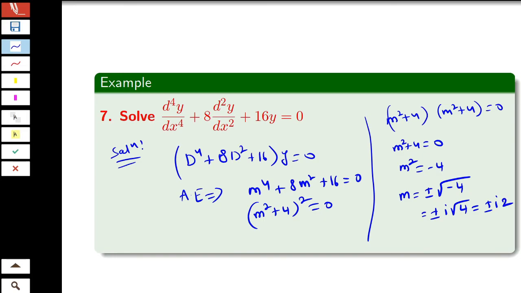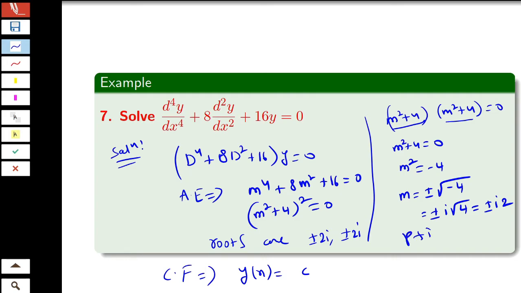How many times? For this, plus or minus 2i, and for the second factor also you will get plus or minus 2i. So the roots are complex conjugate and repeated: plus or minus 2i, again plus or minus 2i. What about CF? Complementary function implies y of x, where x is the independent variable, equal to e power 0, with p plus or minus iq. Here p equal to 0, q equal to 2.